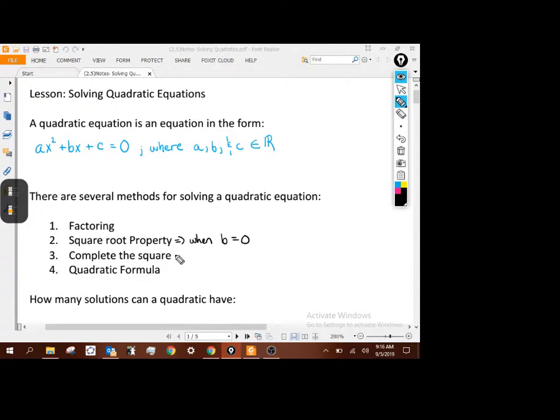Completing the square. That is basically the process or technique that everything else is based off of.